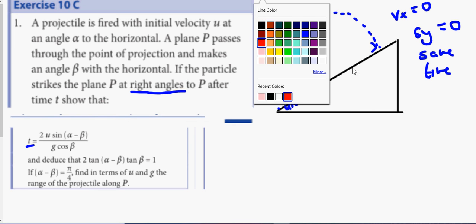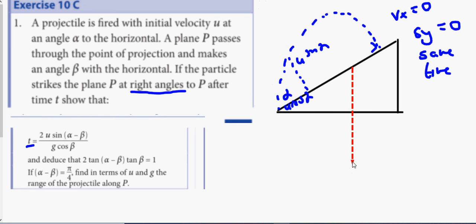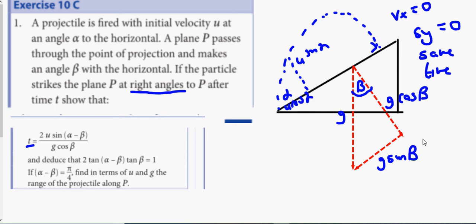Does it give me the angle of the wedge? Beta, or the angle of the plane. So it'll be beta for gravity, which is g cos beta and g sine beta. Everybody okay with that?